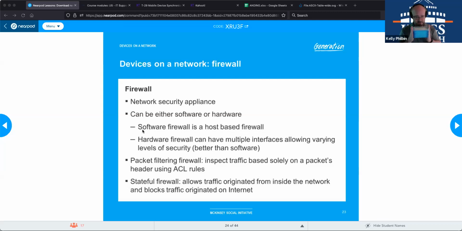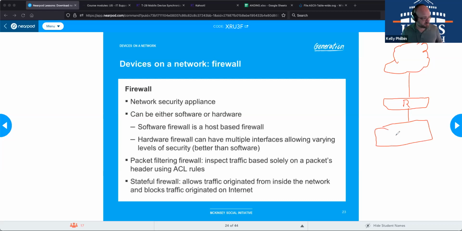Okay, so is it connected to the router? Yes. You would have it, say, in between your router and your network. Like you have the cloud right here, that would represent the internet, and then your line comes in, and then you would have your router maybe, and then you'd have another device here, which is your firewall.